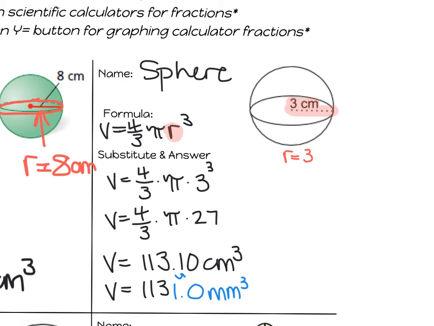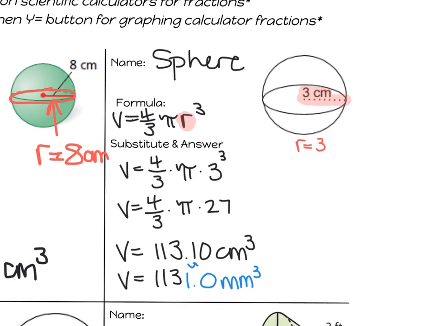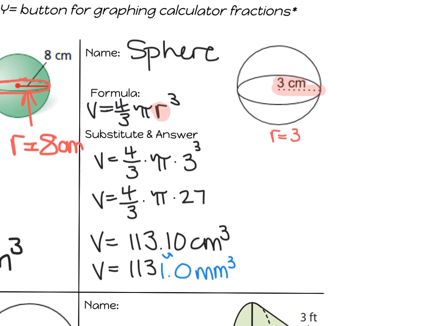Just a little fun fact. You'll use this in STEM class, so I wanted to mention it. There's a ton of millimeters in 1 centimeter because millimeters are teeny tiny. So that's why the number gets bigger. But you don't need to do that on your homework or anything.